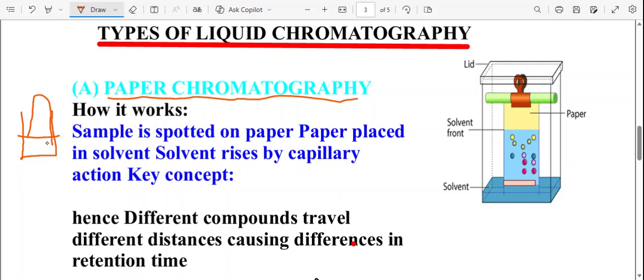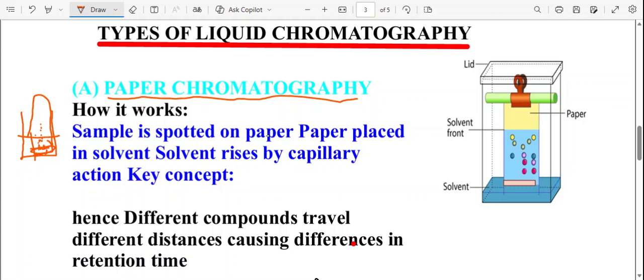You put the paper there, and the solute moves by capillary action, because they are coming from high concentration, trying to dilute everything, like the moving of moisture through a thin hole or tube or capillaries.